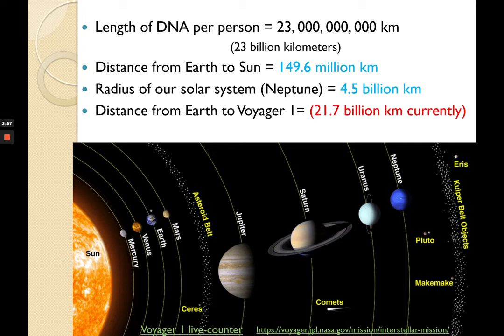So if you were able to stretch a person's DNA throughout our solar system, it would go beyond the solar system, farther than even Voyager 1 has reached. That is one very long set of DNA inside a person, and it is coiled up so tightly that it fits inside all the cells in your body. That's mind-blowing, actually.